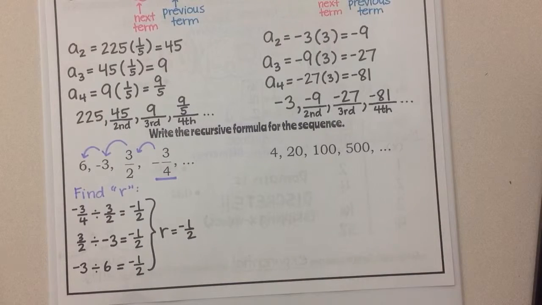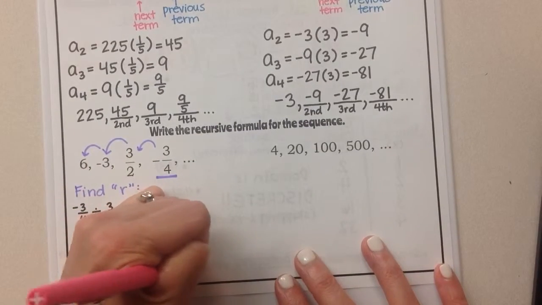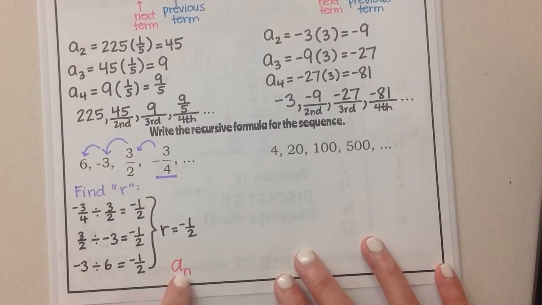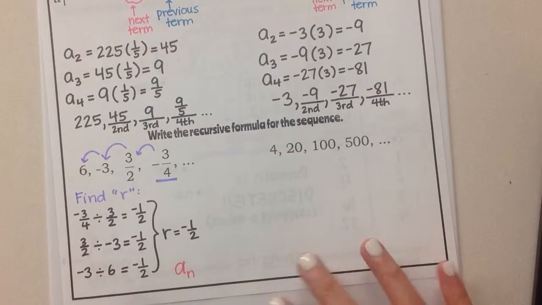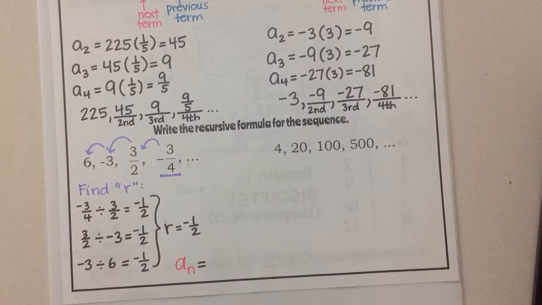Okay, so the first thing we're going to do is I have to write the symbol or the notation for the words the next term. So I'm going to write A sub n. That is what represents the words the next term. Equals. Well, if I want to find the next term, I'm always using the number before it, the previous term.